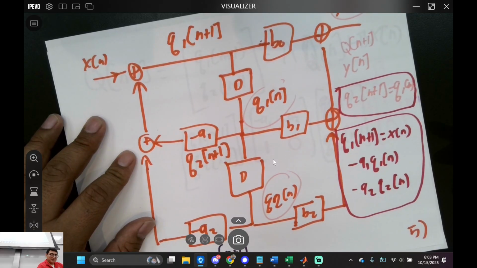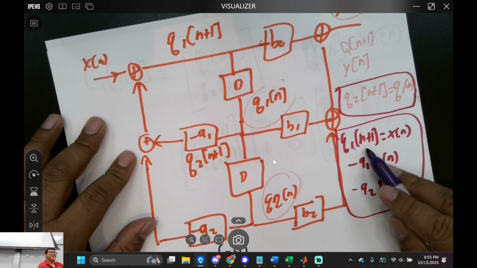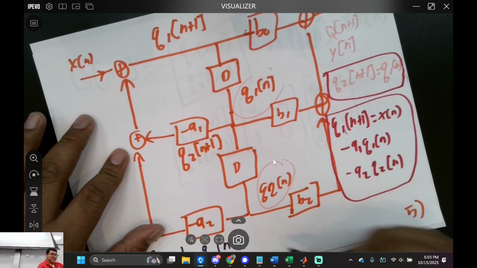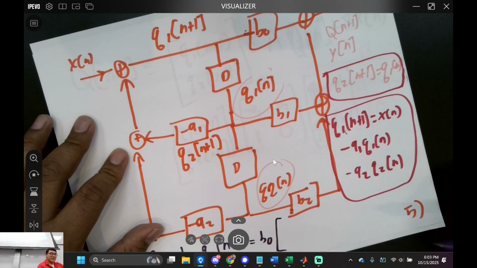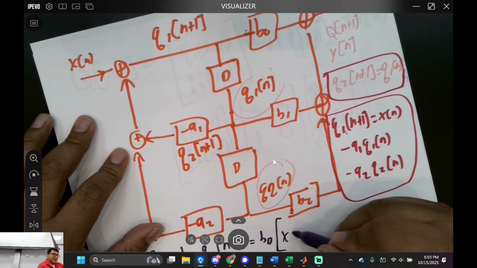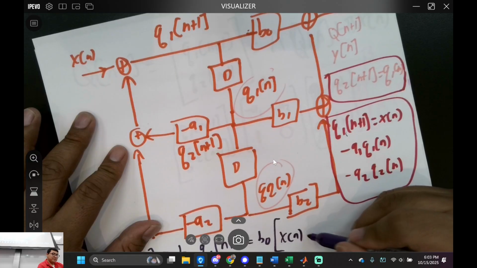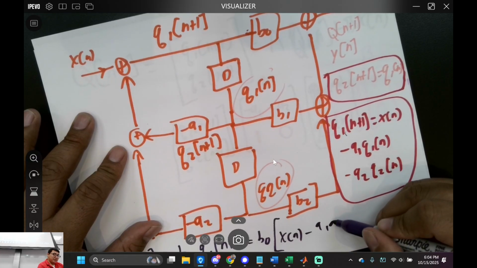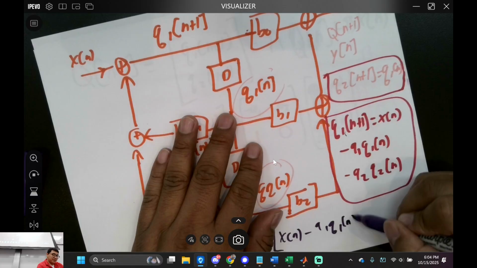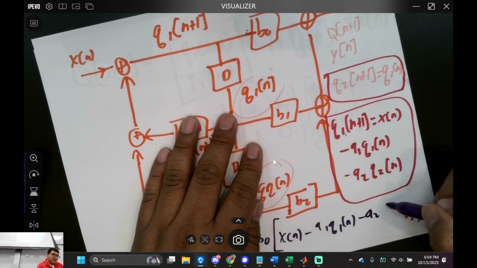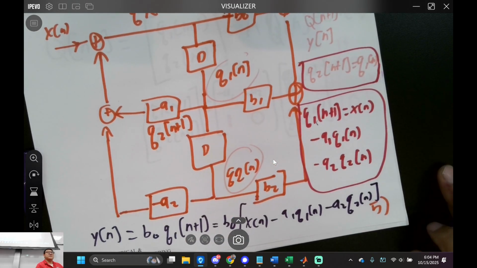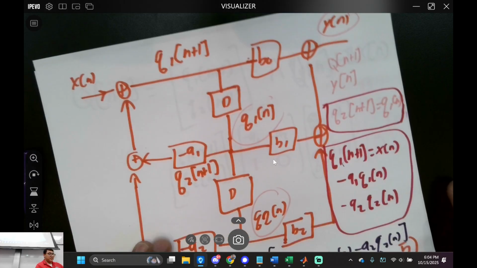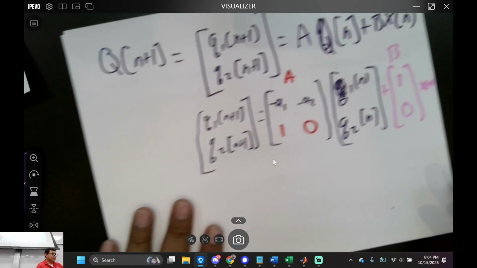Is there an equation we can punch in? Oh, yes, there is. B0, I'm going to do this. Is anyone mad if I do this? X of n, minus A1 Q1 of n, minus A2 Q2 of n. Is that it? All good? I'm going to simplify it on the next page.